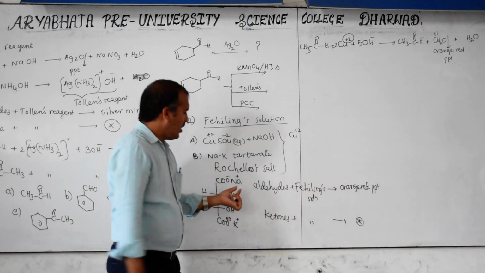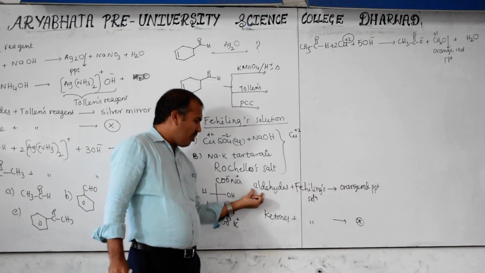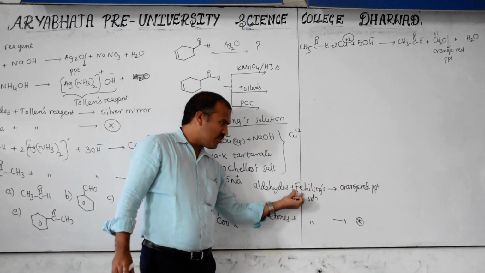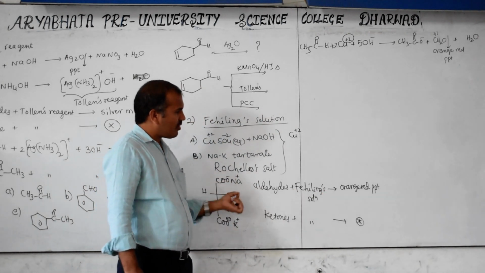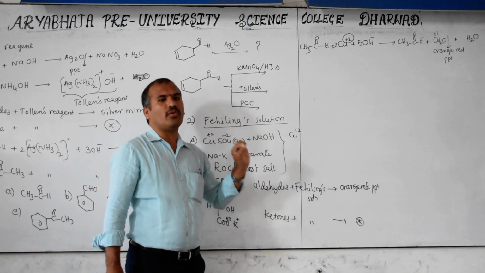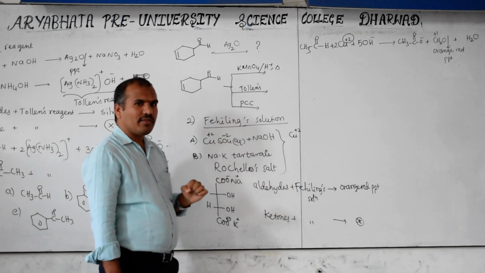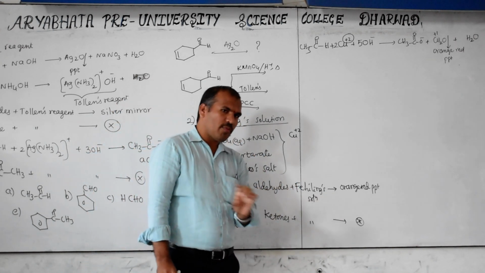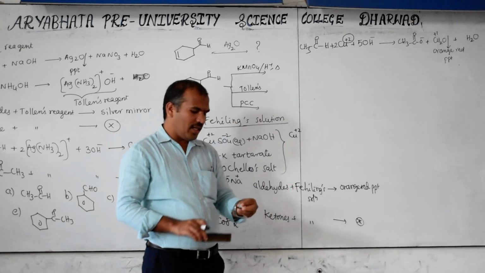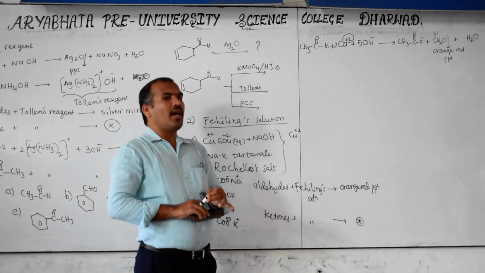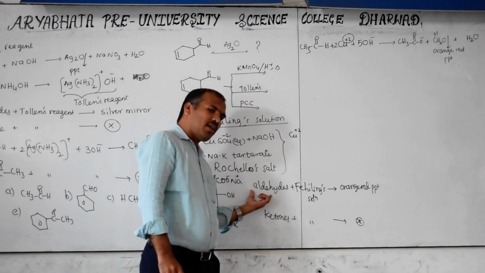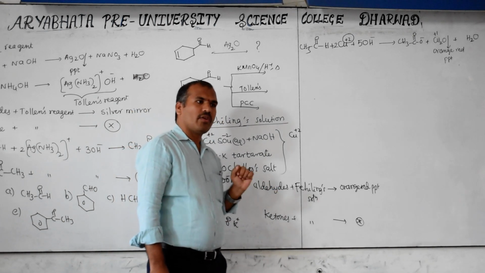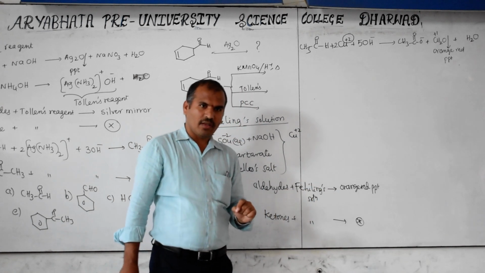Now, here is the question. Aldehydes react with Fehling's solution and give an orange precipitate. Do all aldehydes give the orange red precipitate? No. Only aliphatic ones give the orange red precipitate; aromatic ones do not. Here I am also giving the question: why do aromatic aldehydes not give the orange red precipitate? I wrote aldehyde here, but not all aldehydes give the orange red precipitate.